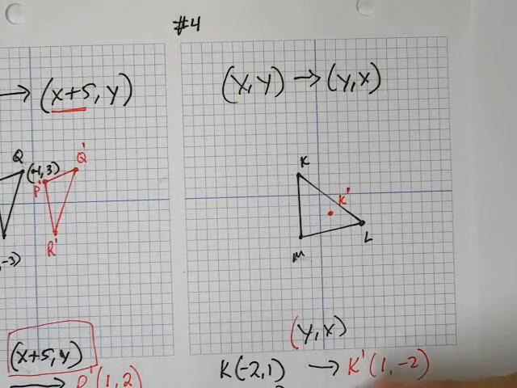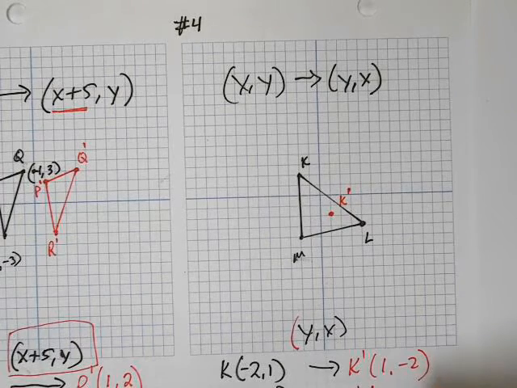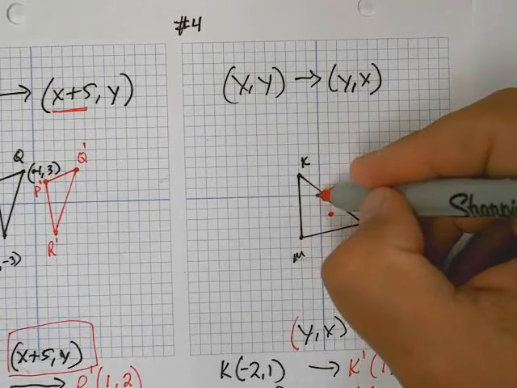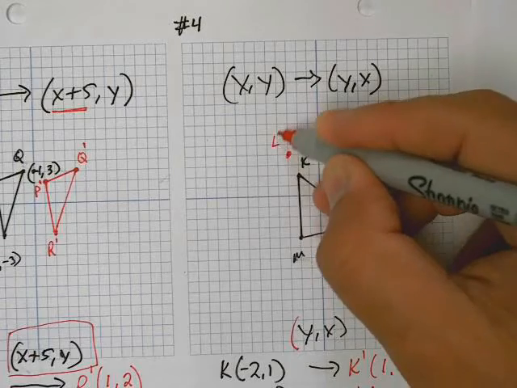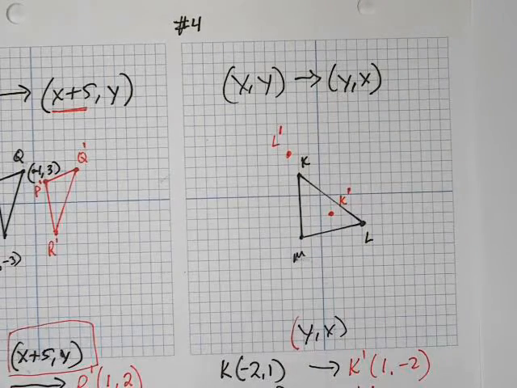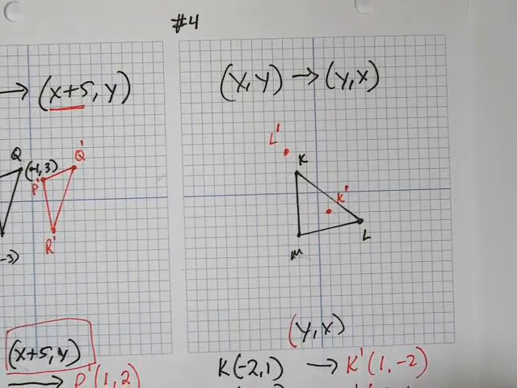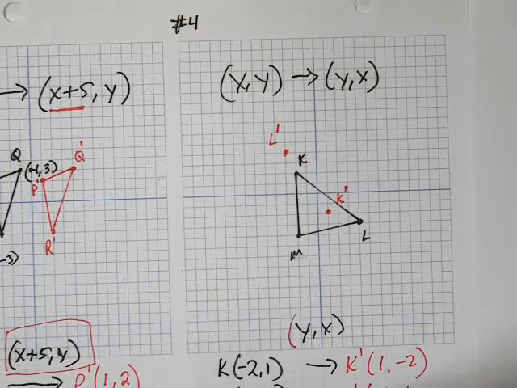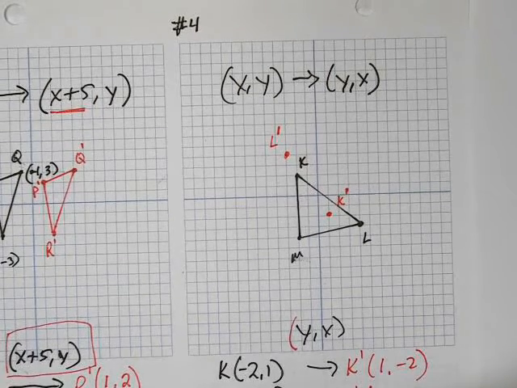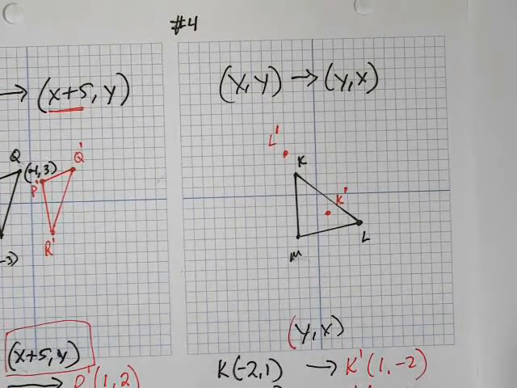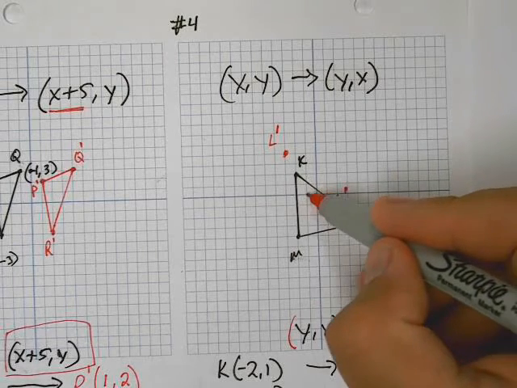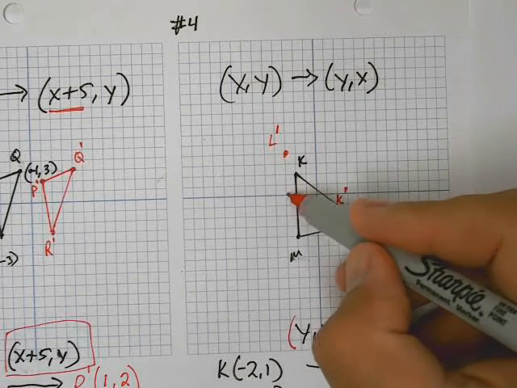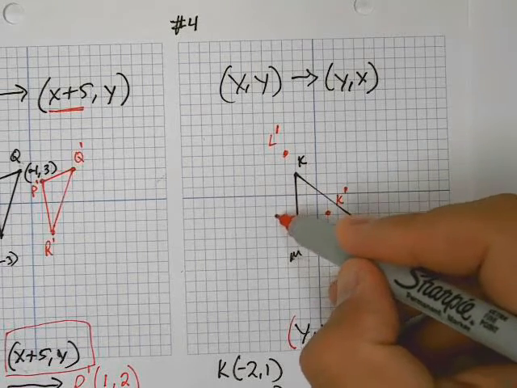And then L prime, which is -3, 4. Okay, so -3, 1, 2, 3, 1, 2, 3, 4. There's L prime. And then M prime becomes -4, -2. Excuse me. -4. 1, 2, 3, 4, -2.